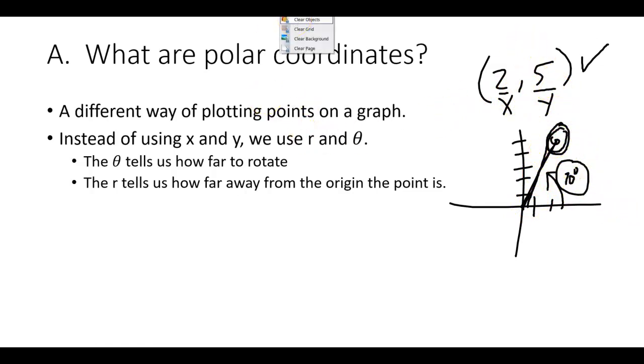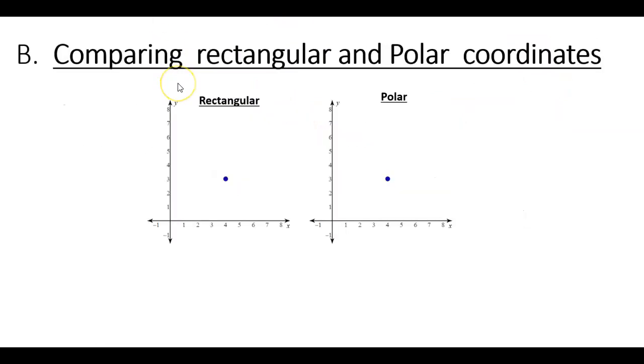Okay. So let's go ahead and illustrate that again here on your notes. So for rectangular coordinates, like over here, that's what we're used to. For rectangular coordinates, we're used to finding how far over it goes, so that's over 4, and how far up or down it goes. In this case, it's up 3. And from that, we can create a point which we label as (4, 3).